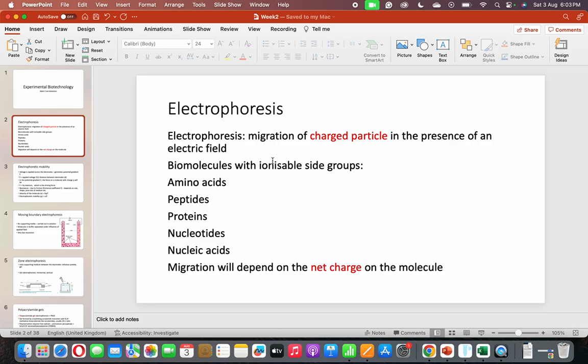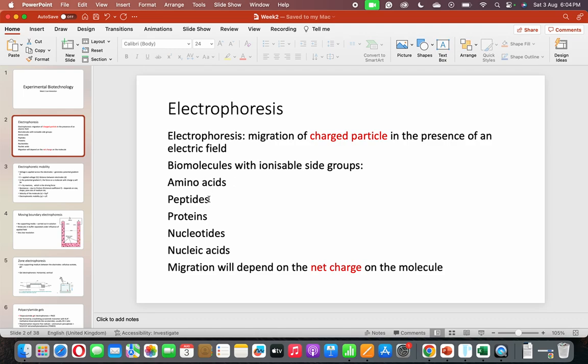That means it must have some ionizable side group. We already know that amino acids have one amino group and one acid group. Both of these are ionizable. So at different pH, the amino acid will have different charges. Again, some amino acids have an ionizable side group, so that can also take on a different charge at a different pH, right?